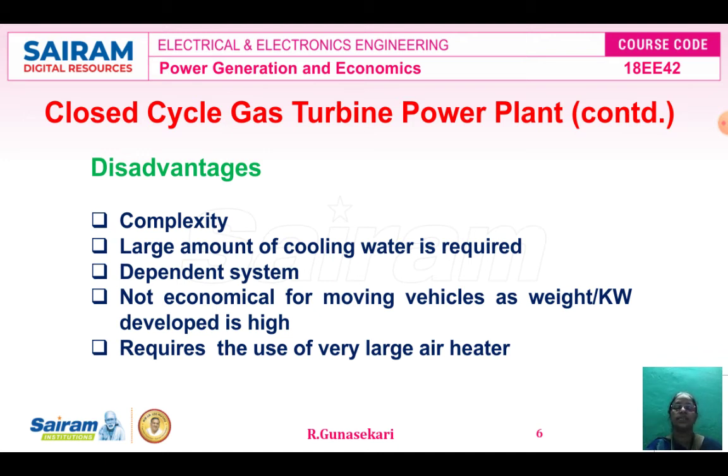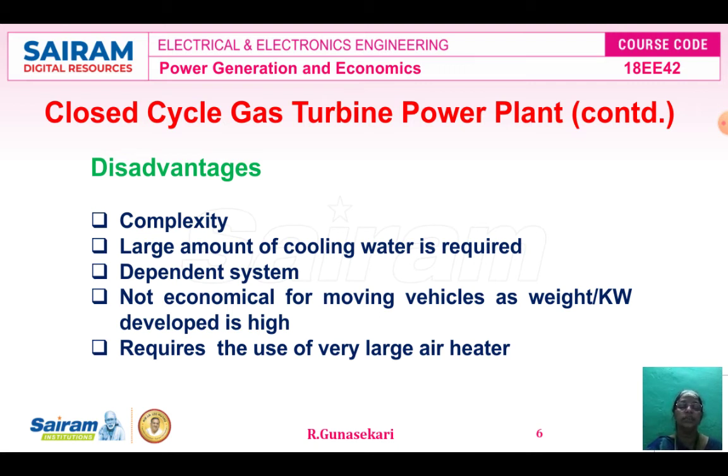Closed cycle gas turbine power plant is nothing but a dependent system only. Another disadvantage is it is not economical for moving vehicles as weight per kilowatt developed is high. In the closed cycle gas turbine power plant, the weight per kilowatt is high. So therefore it is not economical for moving vehicles.